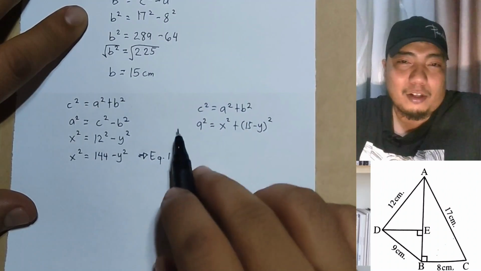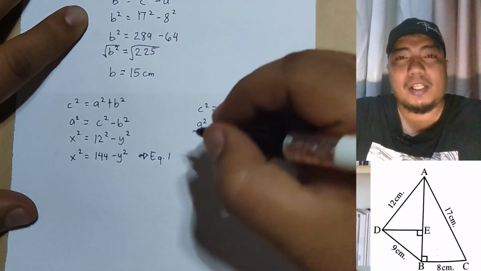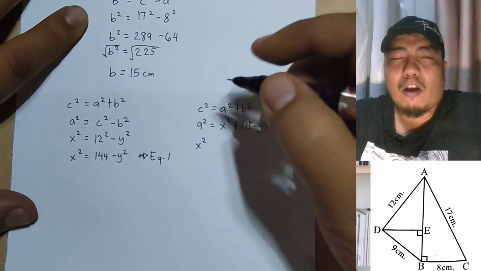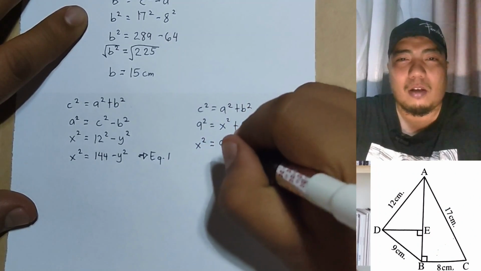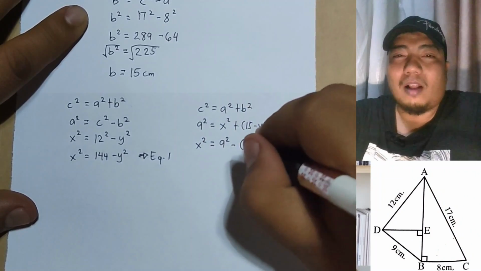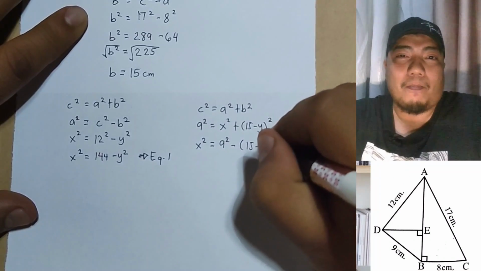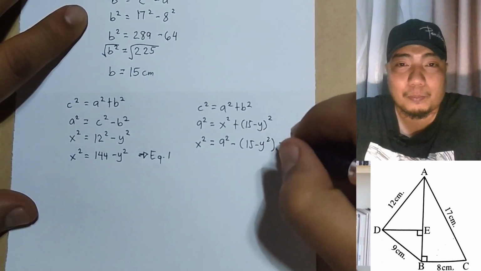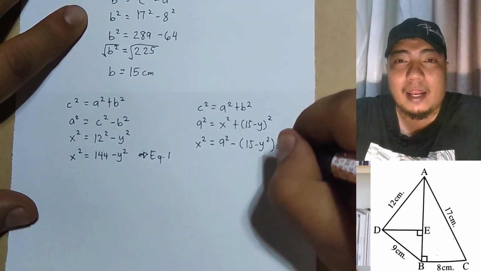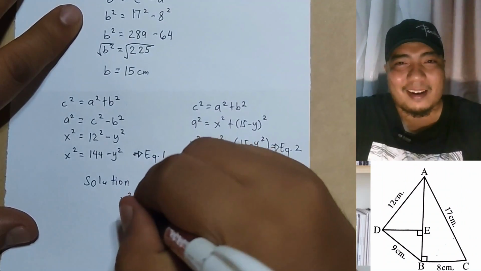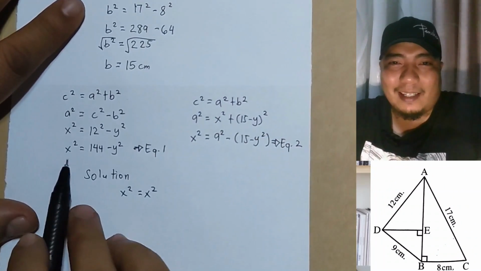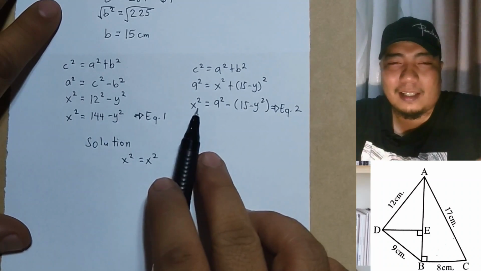Our b, the other leg, will be the other representation that we had as 15 minus y. So if we square that, that will be the quantity 15 minus y squared. So that will be our equation 2. Now, note that in this given solution, the squared there should be outside the parenthesis.